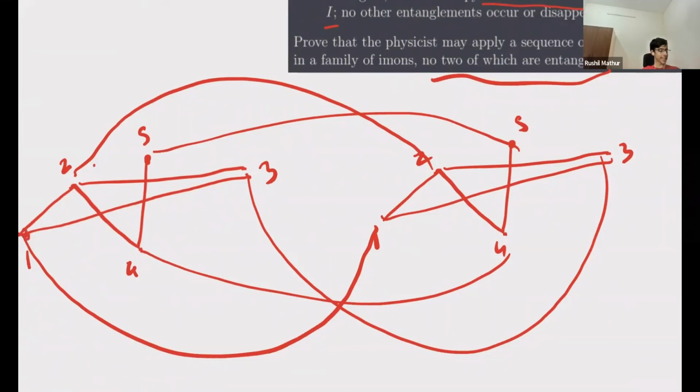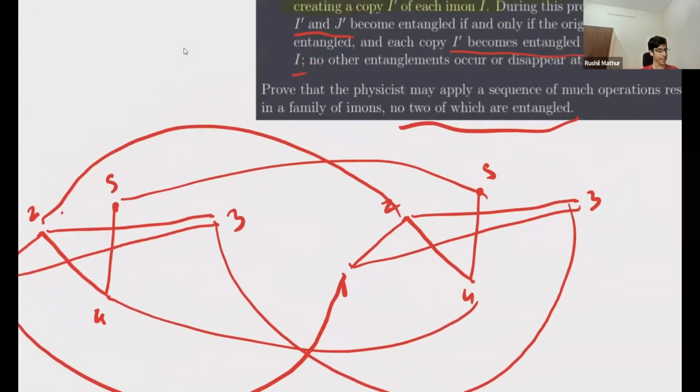Now when you doubled it, everything will suddenly have odd degree because each vertex has increased its degree by 1. So now you're allowed to do a few unentanglements, but then you might get stuck again. So you want to show that I might get stuck again and then I might have to double again. But at the end of the day, I will be able to reach a place where nothing is entangled. So yeah, that's the problem.